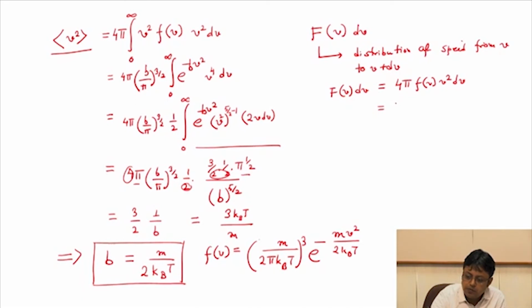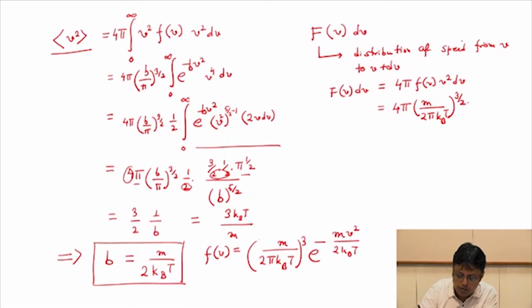So this distribution function which we are going to use, which is already integrated over theta and phi, will be nothing but 4 pi into m by 2 pi kBT raised to the power 3 by 2 into e to the power minus m v square by twice kBT into v square dv.